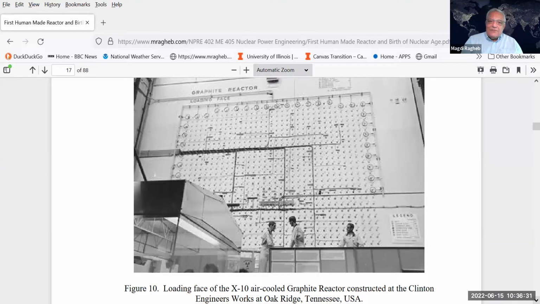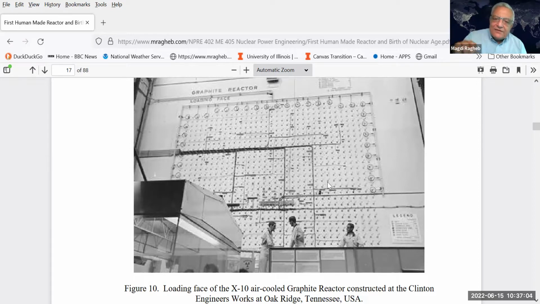We'll deal with this in a moment, but that graphite reactor, or the X-10 pile, was built in what is today another national laboratory in the United States. That's the Oak Ridge National Laboratory. The power of the Chicago Pile number 1, from 1/2 of a watt, has been increased in that case to the level of 20 million watts. The reactor was air-cooled, and lumps of uranium were introduced from one side.